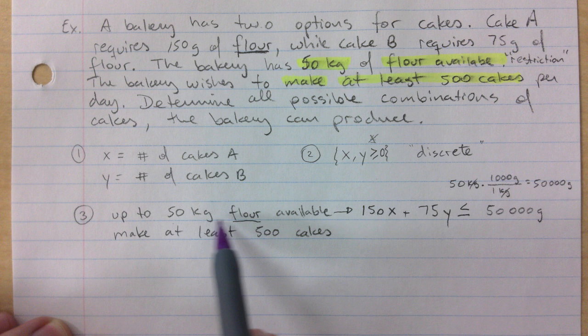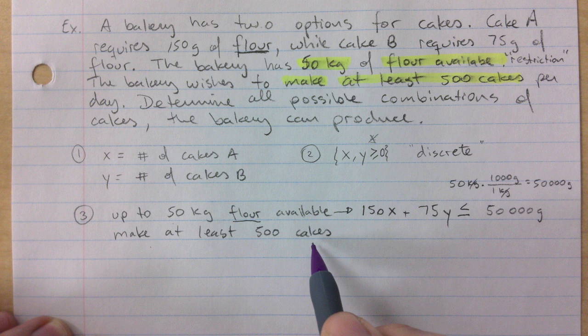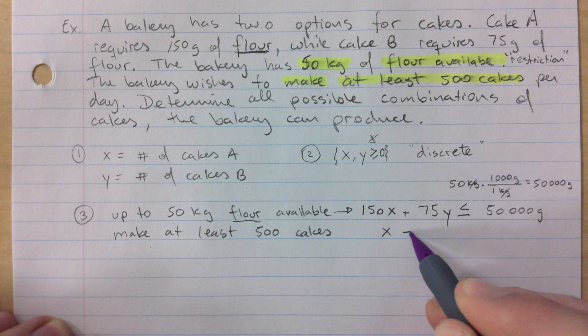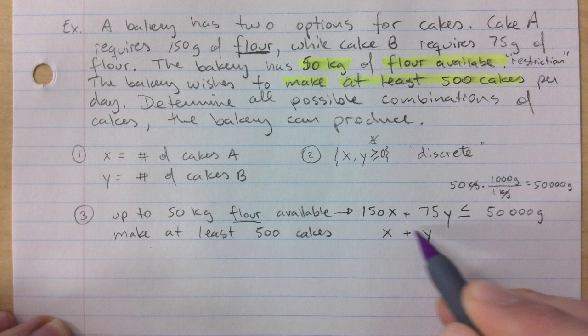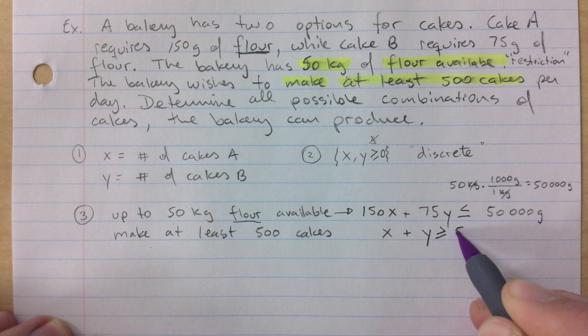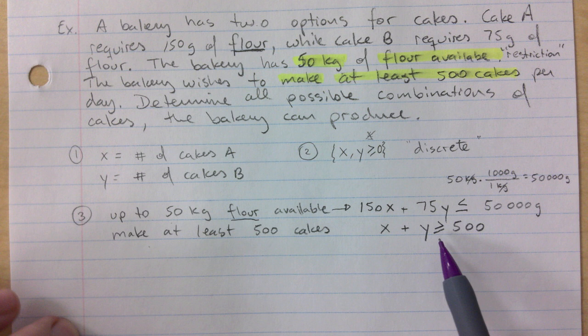Okay? And then you have to make at least 500 cakes. So the number of cakes of type A plus the number of cakes of type B, that combination has to be greater than or equal to 500. You're basically saying the sum, the combination of these two has to be greater than or equal to 500 because you want to make at least 500 cakes.